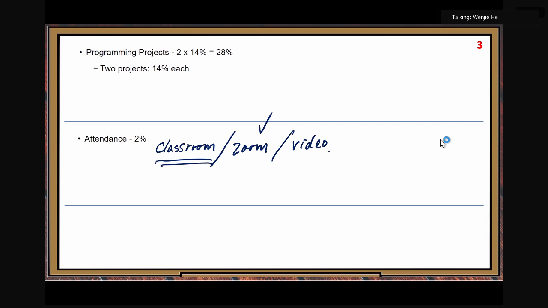The second best is Zoom, where you follow the lecture in real time. But for the third one, you do not follow in real time. You use your own time to watch the video, so you may have a lot of interruptions.